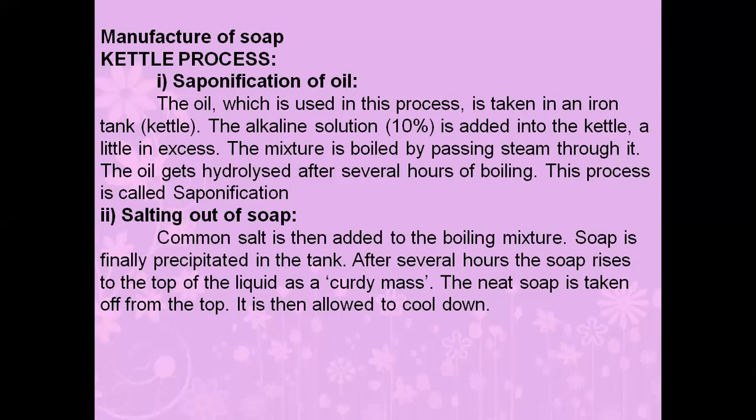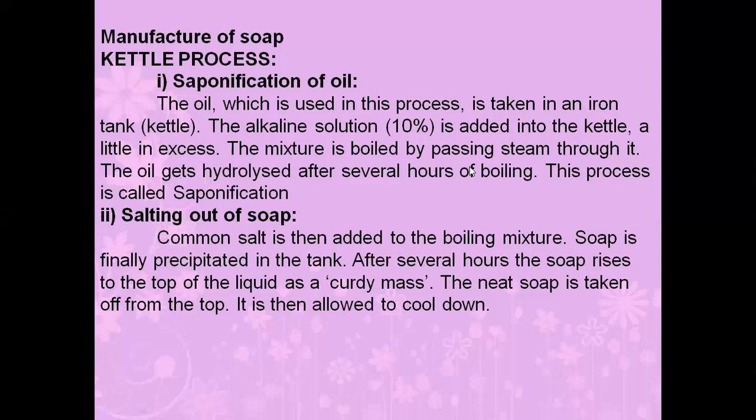The steam is passed through the kettle. After a few hours the oil is hydrolyzed. This process is called saponification of oil. So next one is salting out of soap.